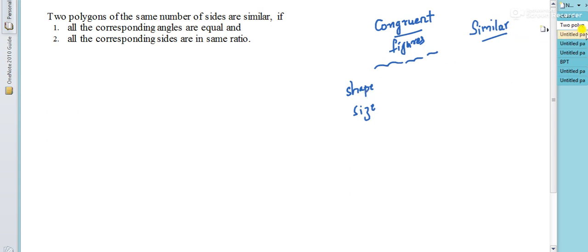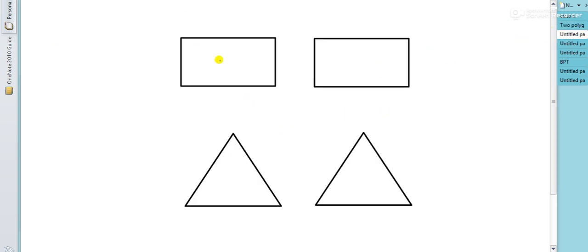For example, you can just look at it. Here there is a rectangle, and again there is one rectangle. Both of them are equal in shape as well as size. If you look at these triangles, both of them are congruent. The shape refers to, like here this is a rectangle, so rectangular shape, and here it is a triangle, so triangular shape.